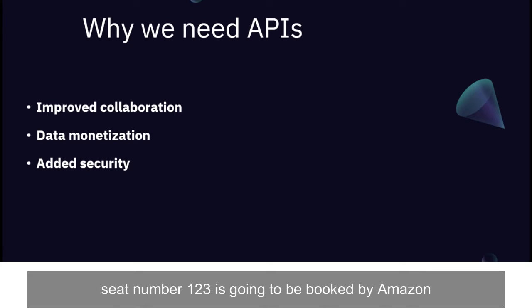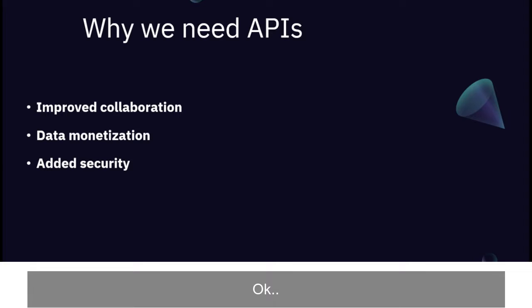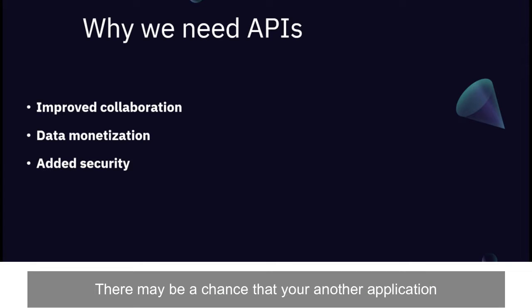Then there may be a chance that the other application will book the same seat 123. So that's why we need an API, so that our collaboration improves and the same seat will not be booked by another application.